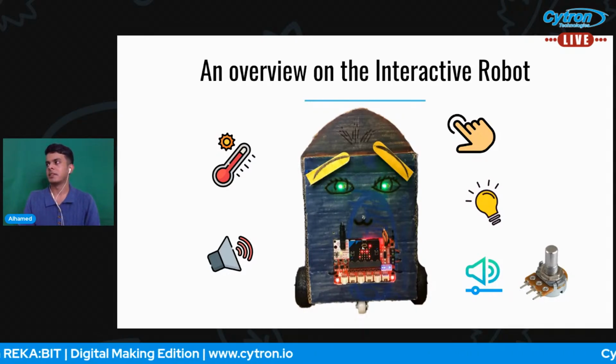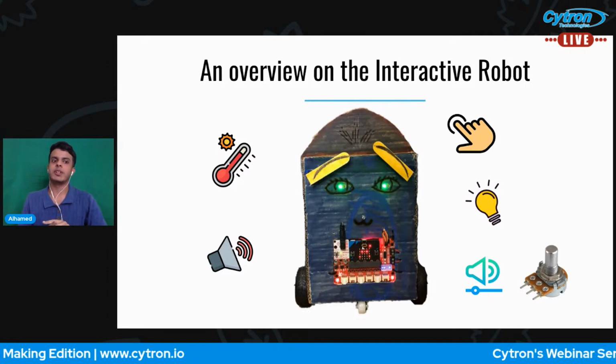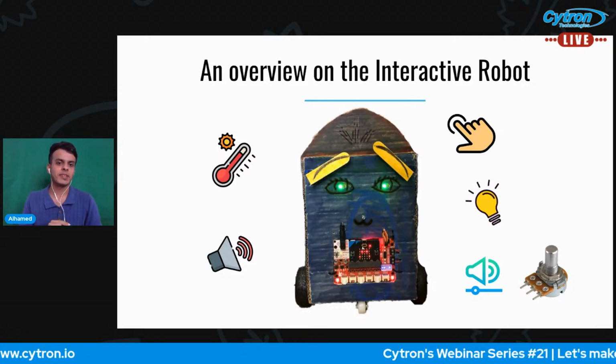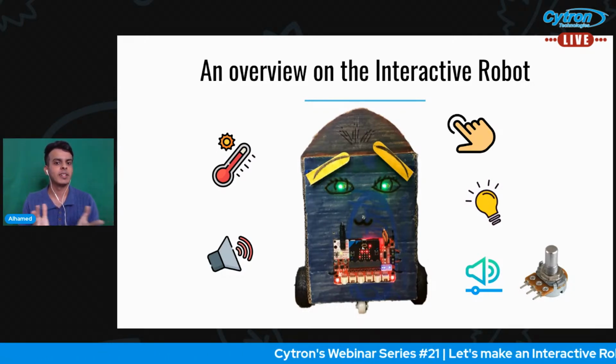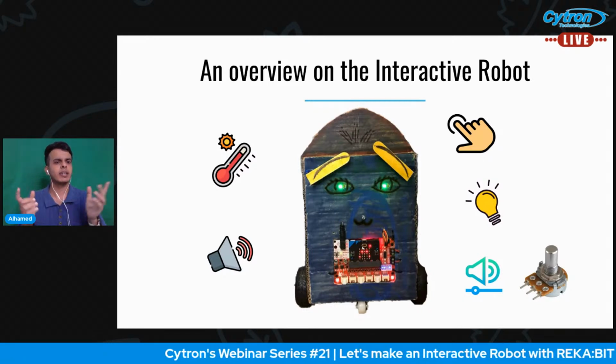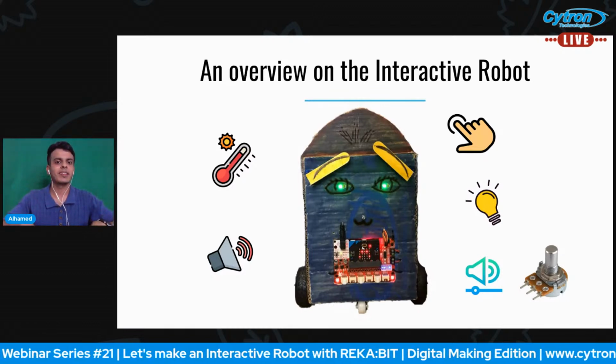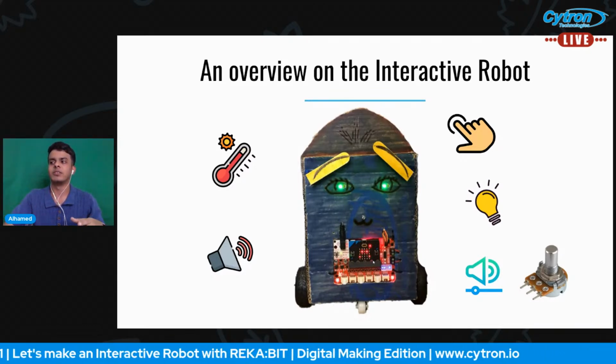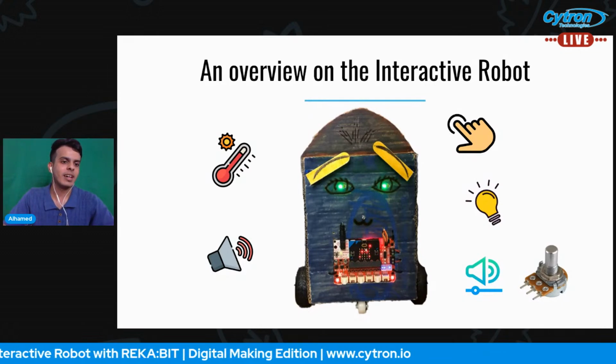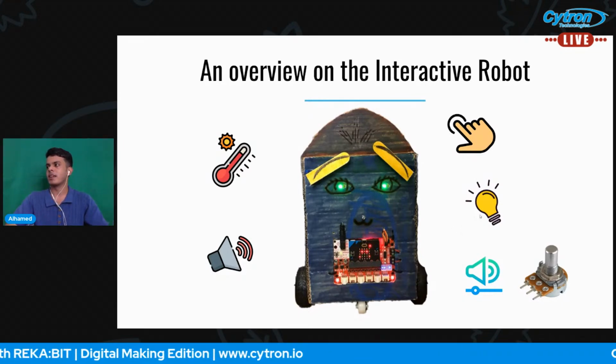With the same touch sensor, if we make a long press, it will show a sad expression. Its eyebrow will go down, the red LED will turn on, and again it will show a sad face on the icon over here.